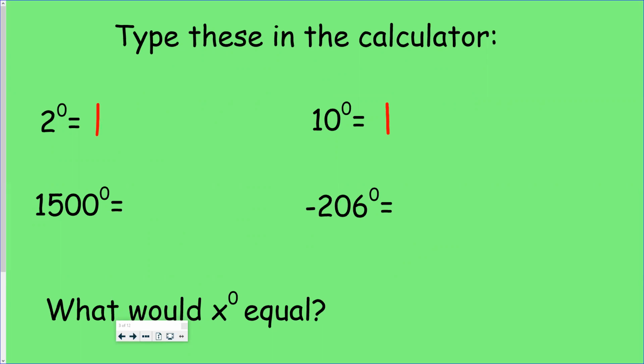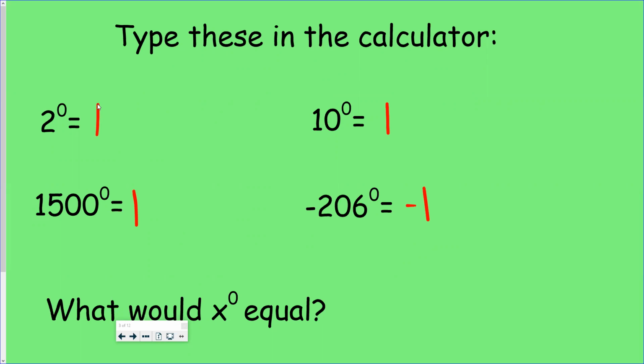All right, so when you type 2 to the 0 in, you should have got 1. 10 to the 0 is 1. 1500 to the 0, 1. Negative 206 to the 0, probably got negative 1. All right. So what would x^0 end up equaling is my question.